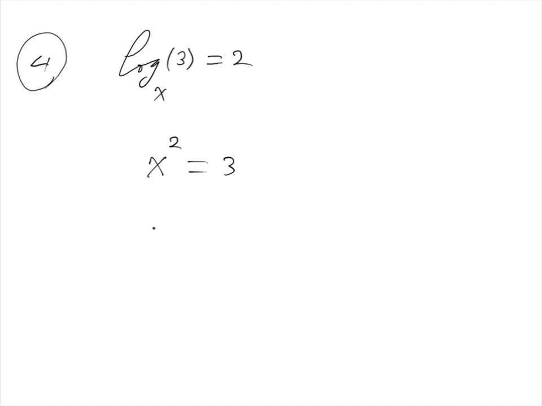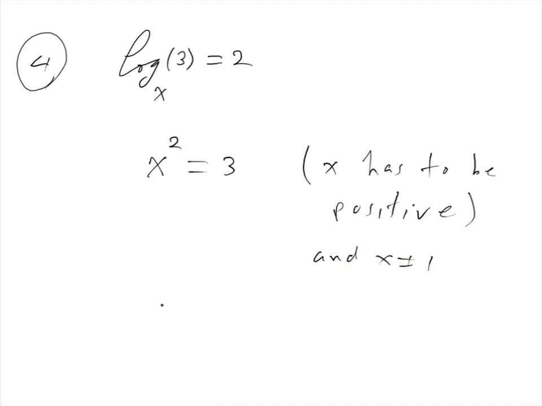So now we can solve for x. And we know x has to be positive, because it's the base of the log, okay? And x cannot equal 1, okay? So those are the restrictions for the base.